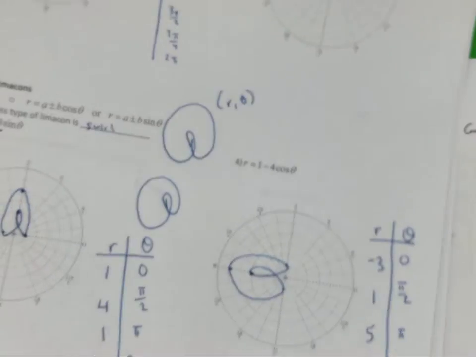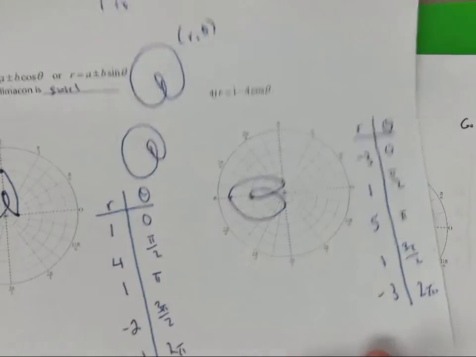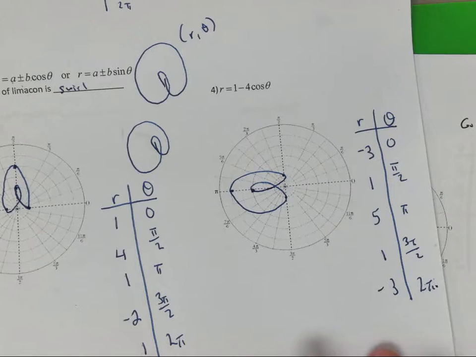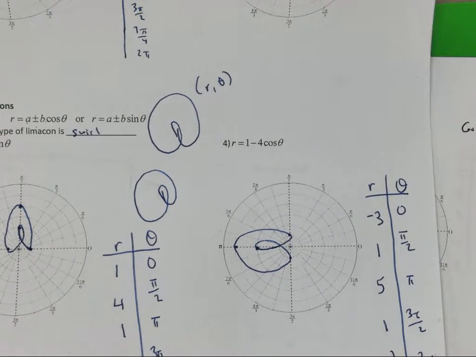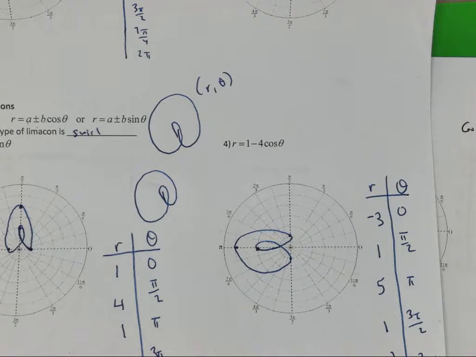And that's my graph. I'm going to show you how to do this on the graphing calculator next week. Yes. So that minus doesn't count as B is not negative 4, it's just 4.